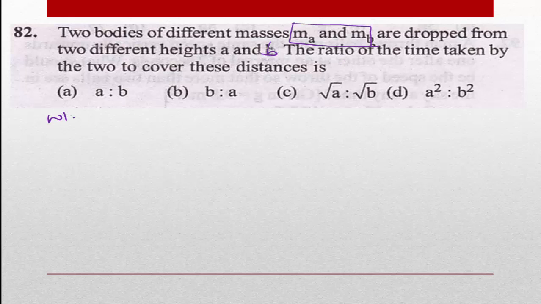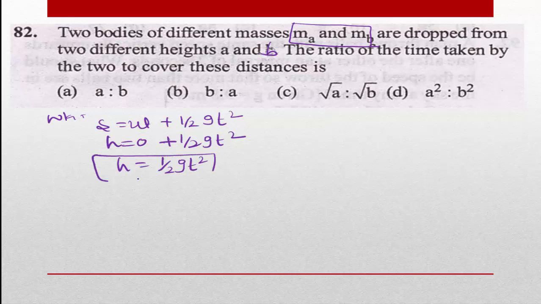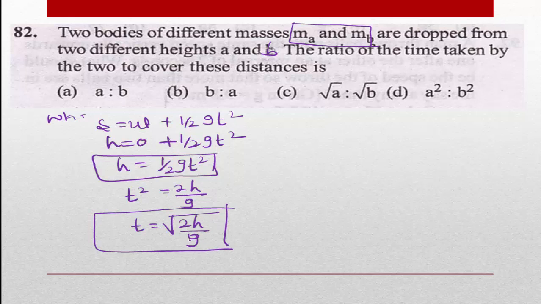Again we know the formula s equal to ut plus half at square, but for downward motion s equal to half g t square. Initial velocity is 0, s equal to h, so h is equal to 1 by 2 g t square, or t square is equal to 2h divided by g. T is equal to root of 2h divided by g.